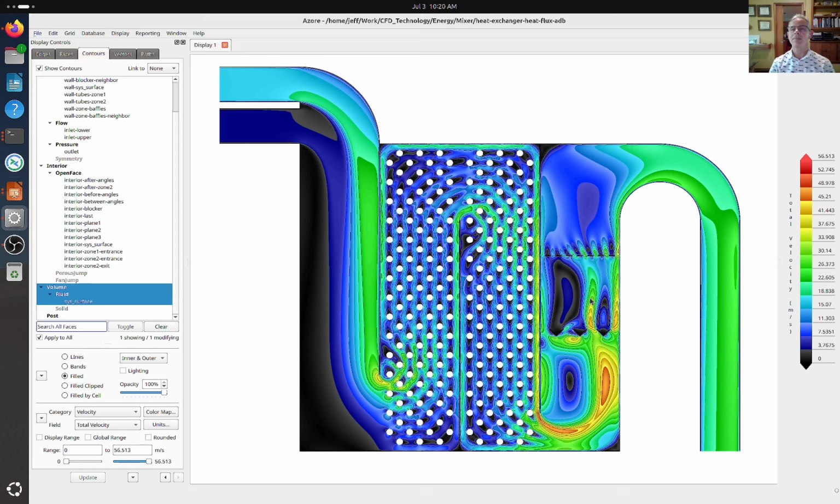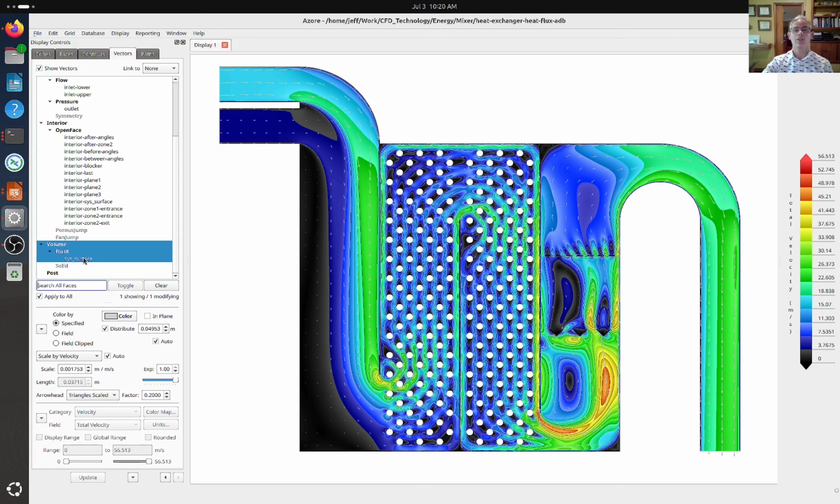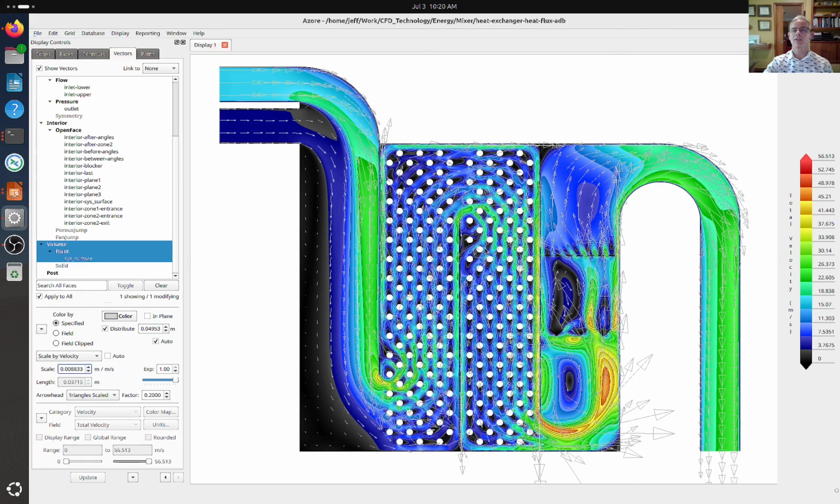The velocity magnitude is interesting to look at, but sometimes it's interesting to just look at the velocity directionality as well. We can do that by overlaying velocity vectors onto the solution. Here is a sampling of velocity vectors, and we can change the length of these velocity vectors very quickly to get a look at the flow directionality.